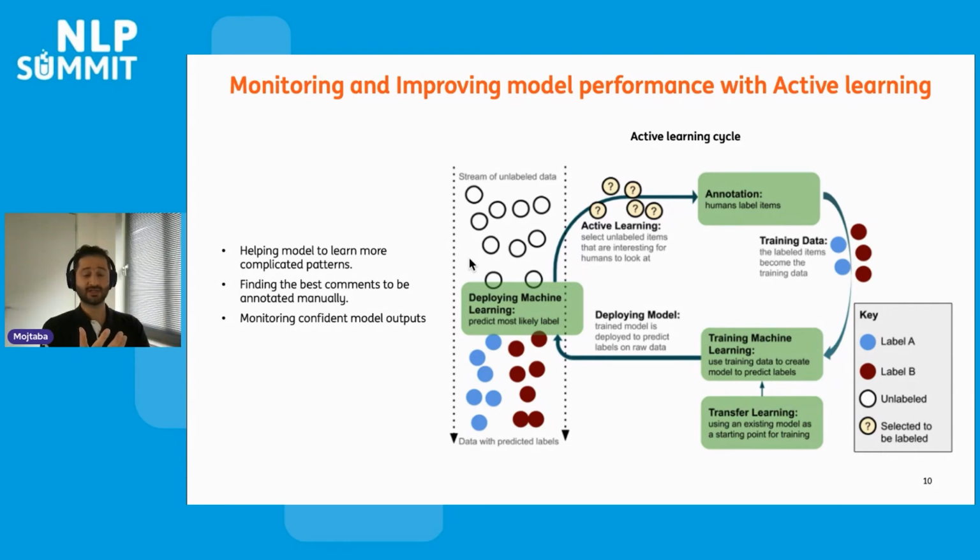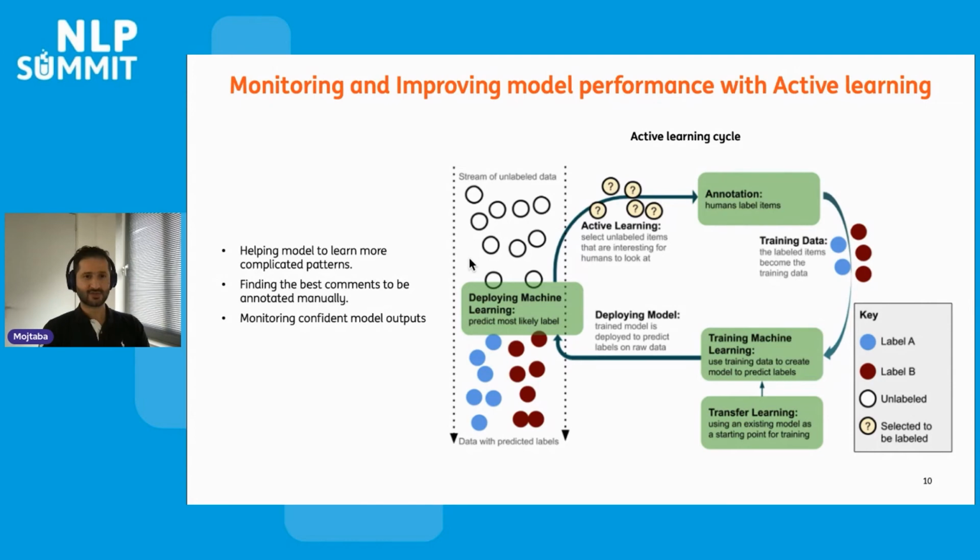If that is decreasing, it means your model is starting to degrade. This is one advantage. The second advantage is that the model is going to learn complicated patterns from manually labeled data. The third one is finding the best comments to be labeled manually rather than easy ones. That's one way of keeping our models updated and avoiding any degradation in our model.